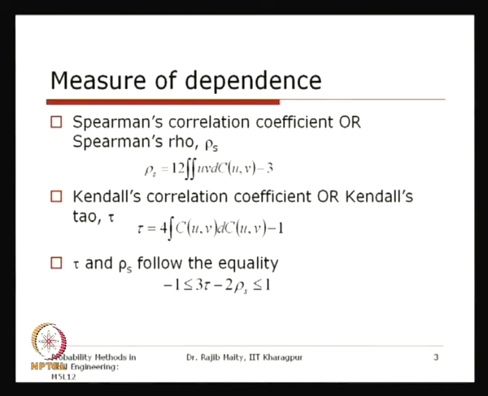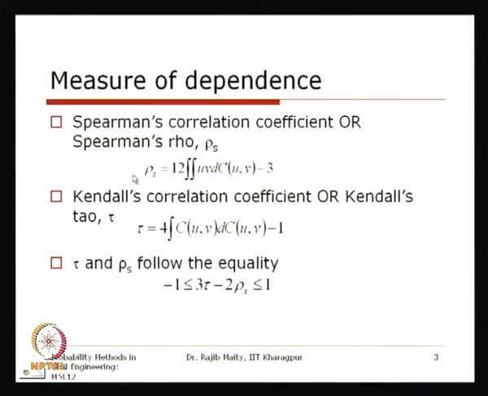As was discussed in the last class, there are two main measures of dependence that we will be using, and these are the expressions for those. The first one is Spearman's correlation coefficient, or Spearman's rho, and this rho_s is equal to 12 times the double integration with respect to the copula function, minus 3.